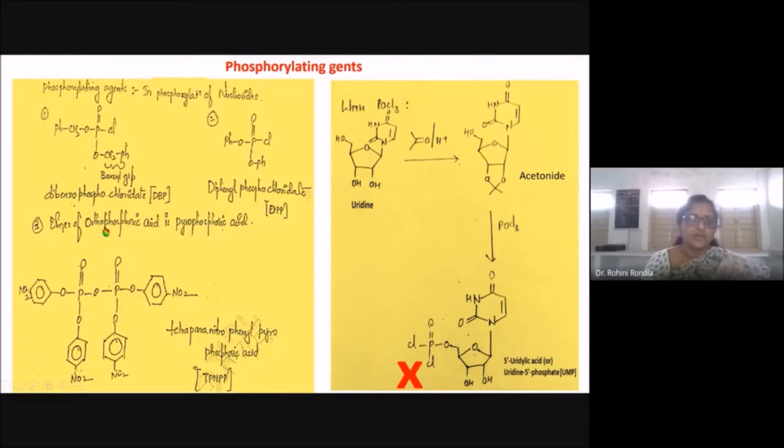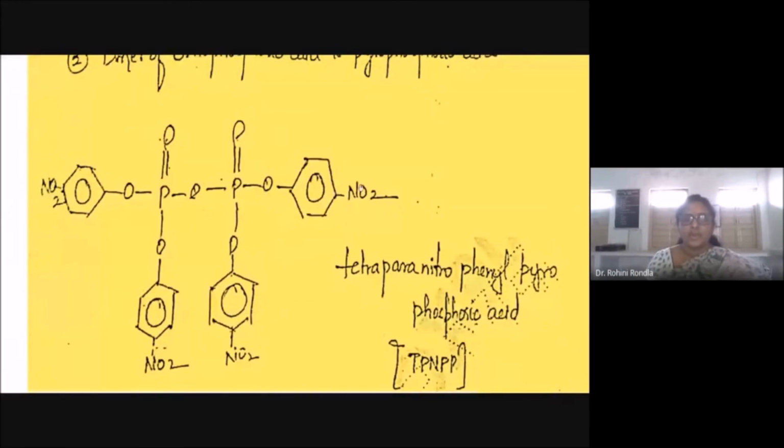orthophosphoric acid. What is the formula of orthophosphoric acid? H3PO4. What does the H3PO4 structure look like, tell me? There are 3 hydroxyl groups. Okay, H3PO4. So here these OH groups are substituted with para-nitrophenyl. A para-nitrophenyl ring is attached to this oxygen, with one para-nitro. Actually it is a dimer.